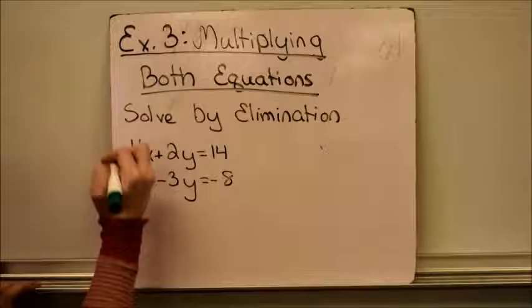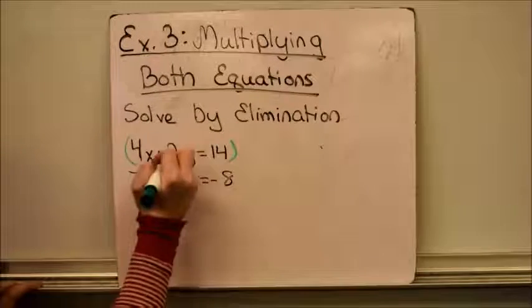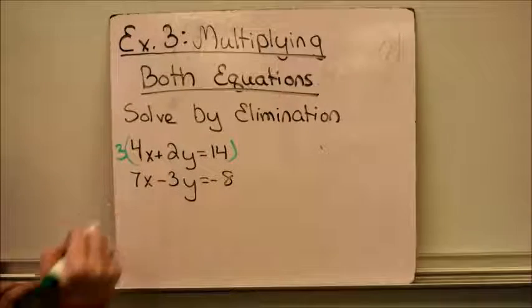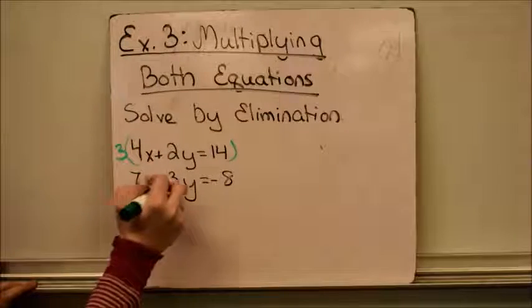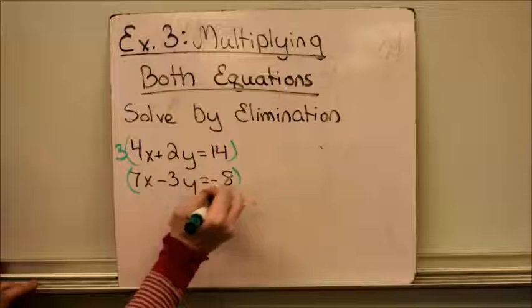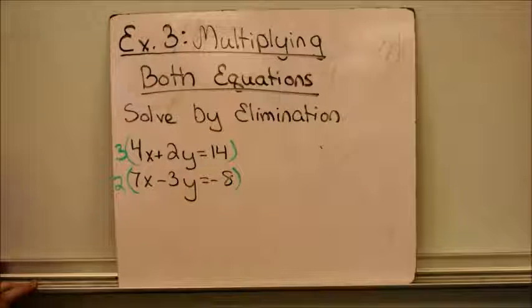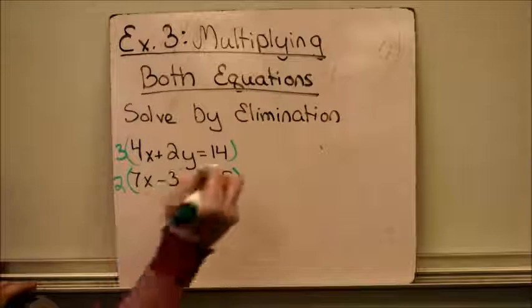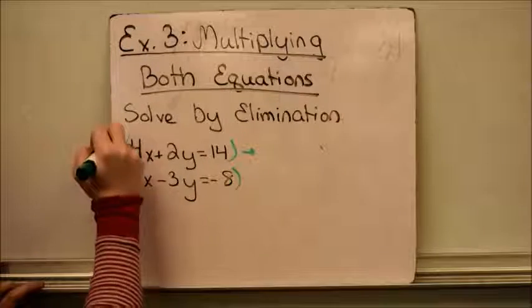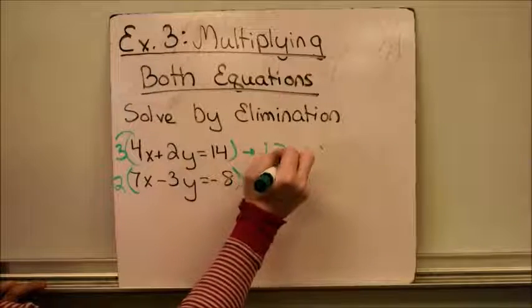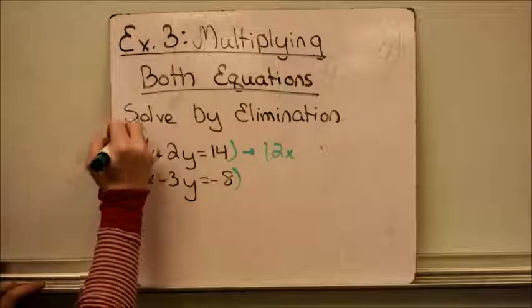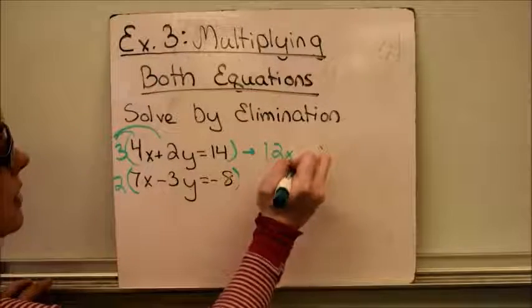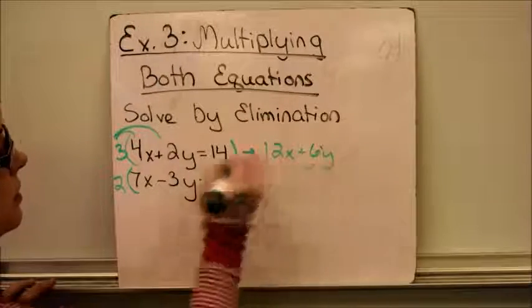Well, what do we need to do? To make 2 into 6, we have to multiply it by 3. And to make 3 into 6, we have to multiply it by 2. Okay. So 3 times 4 is 12x. 3 times 2y is 6y.